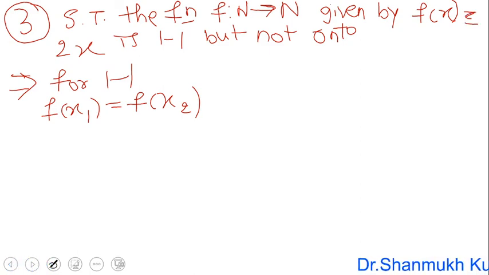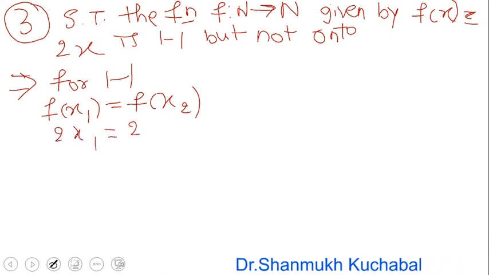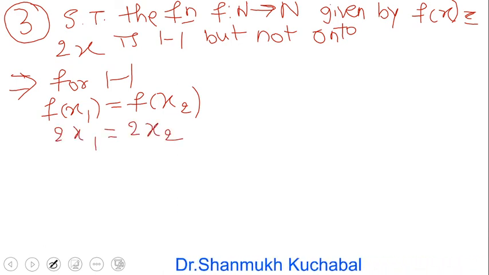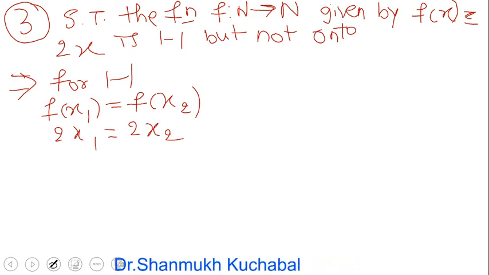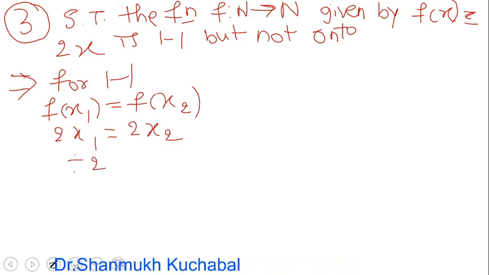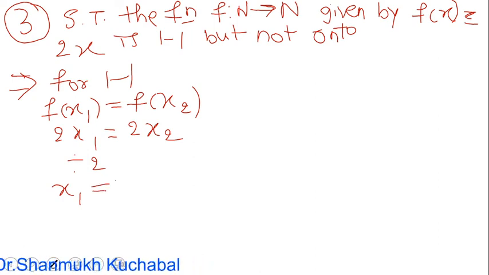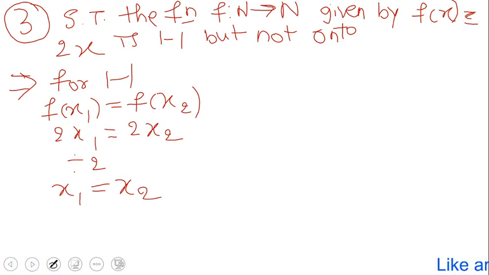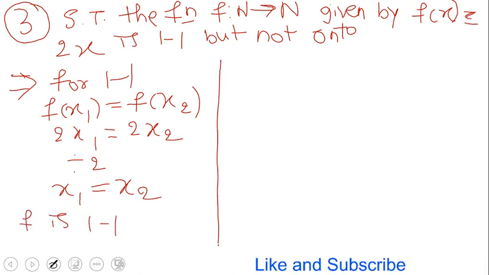So f of x1 becomes 2x1, f of x2 is 2x2. So on both sides 2 is common, so we'll divide by 2 here. We are going to get x1 equal to x2. So by the definition, if f of x1 equal to f of x2 gives x1 equal to x2, then it is 1 1. Therefore I can say f is 1 1 here. So first part is over.